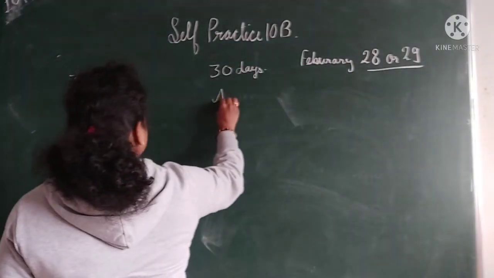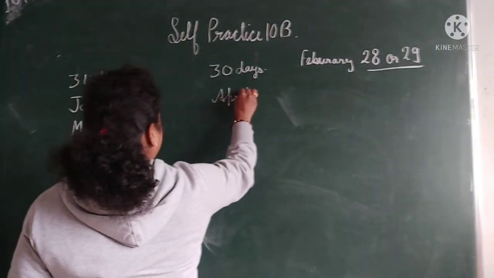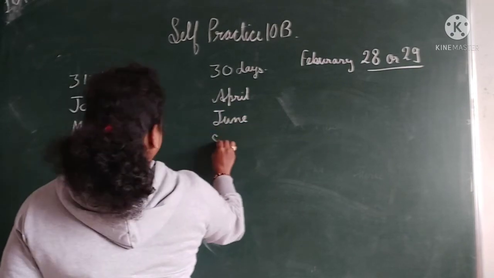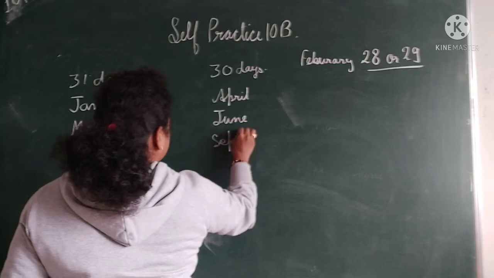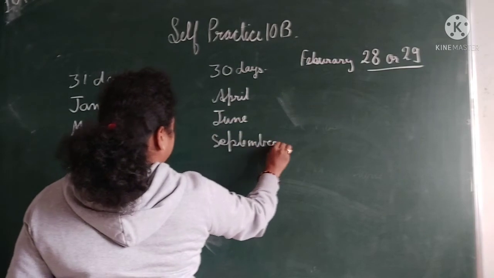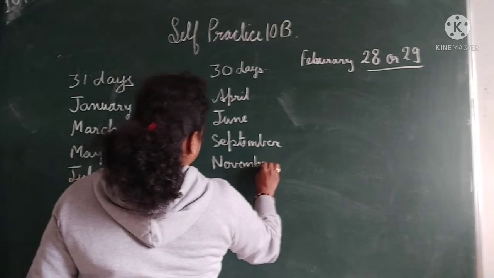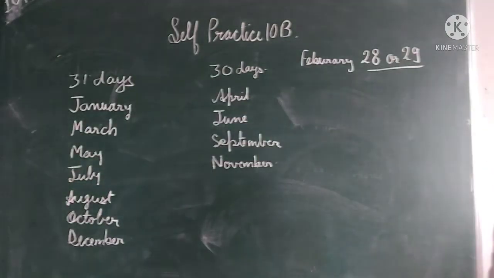Then April, June, September and November have 30 days. Now, so how many months have 31 days? Can you tell? 7 months. How many months have 30 days? 4 months. And leaving February, maybe 28 or 29.